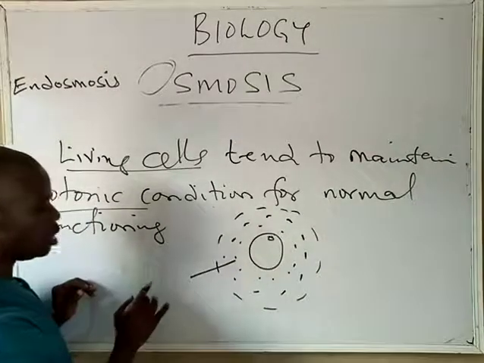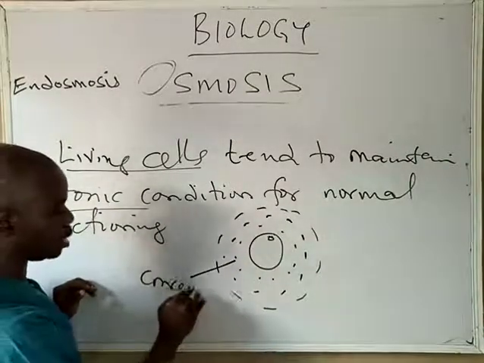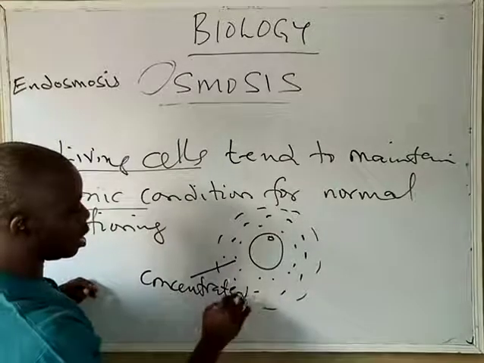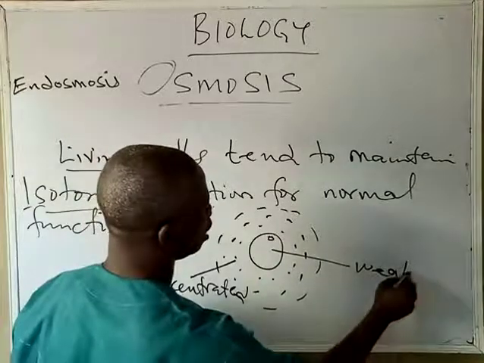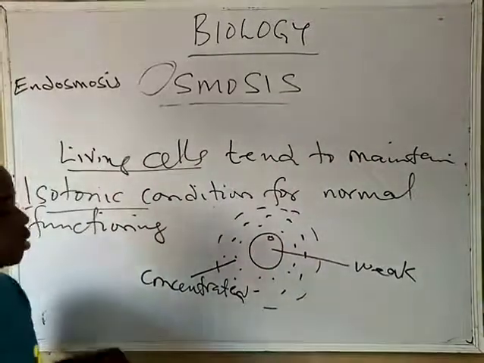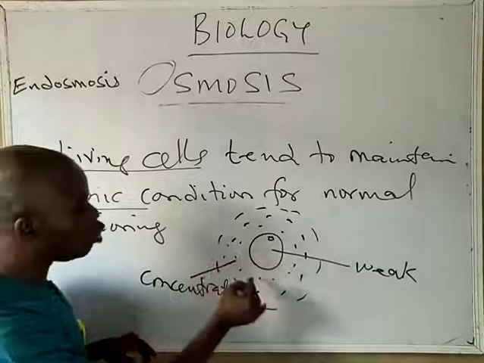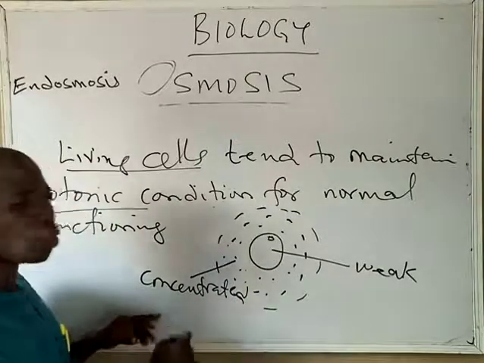Now, what gives rise to that is that if the surrounding of a cell is concentrated, and the inside of the cell is weak, then there is going to be high osmotic pressure.